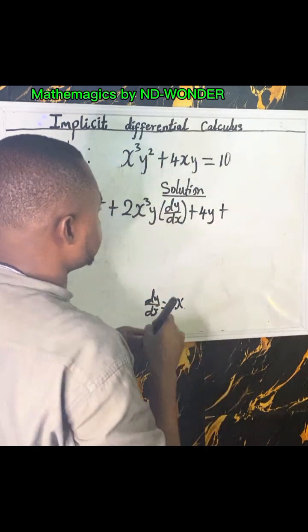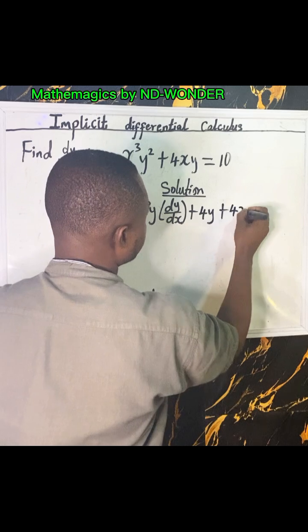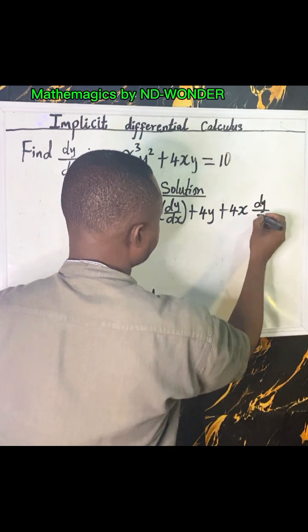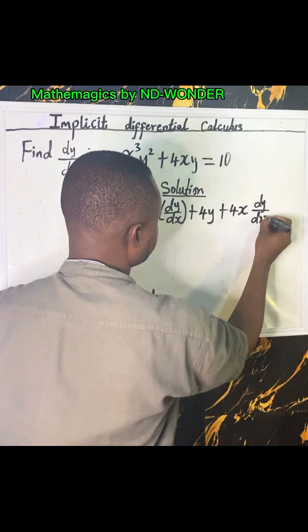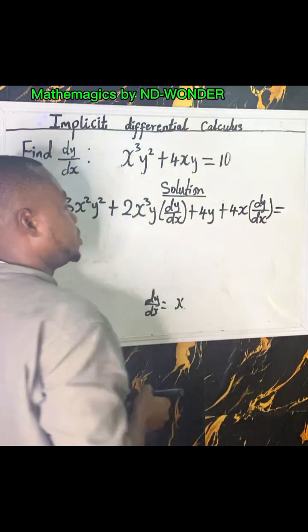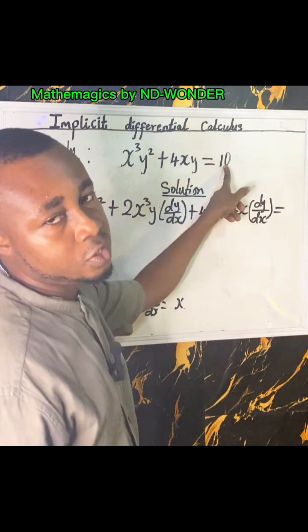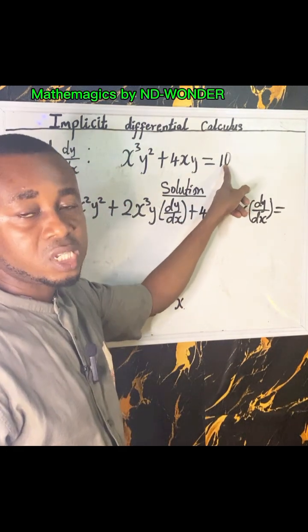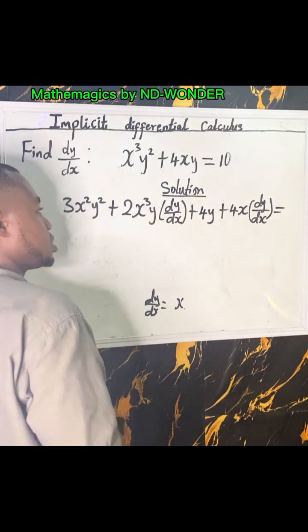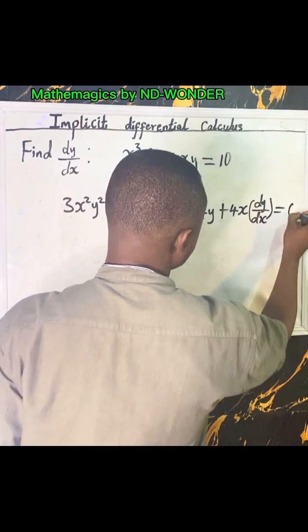So 4x, then dy over dx. If you differentiate 10, you get 0. The reason is 10 is a constant. Every constant, when differentiated, you get 0.